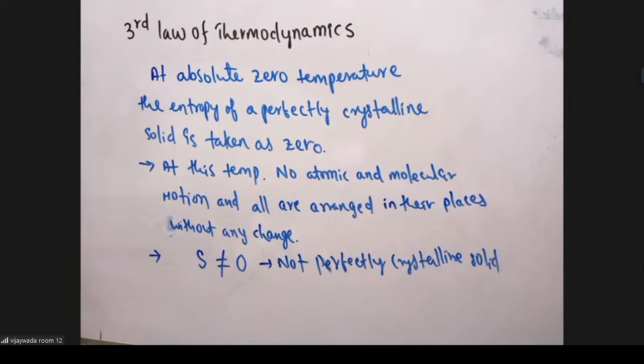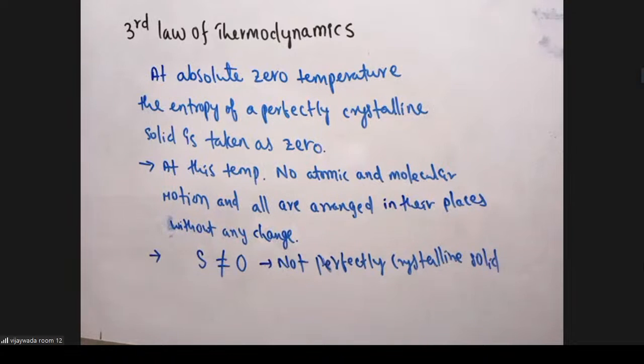Students, do you understand? And what is the use of the law of thermodynamics? Yes, it is very important to find the absolute entropy of any system. We already studied that entropy is a state function and an extensive property.